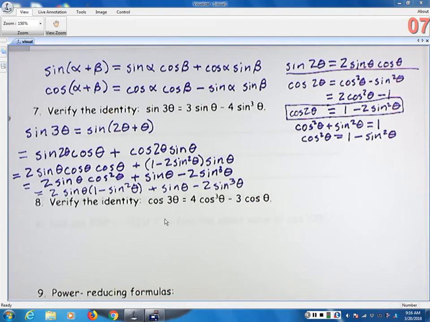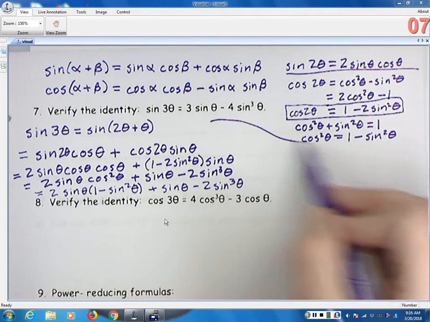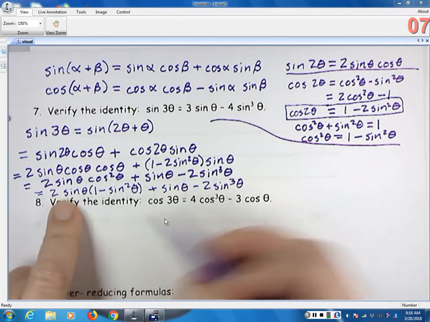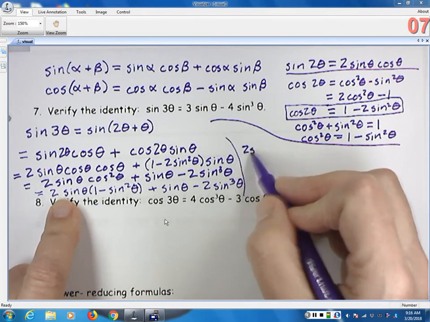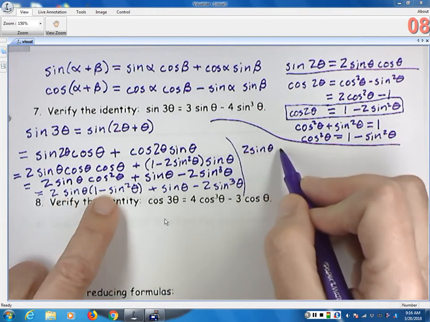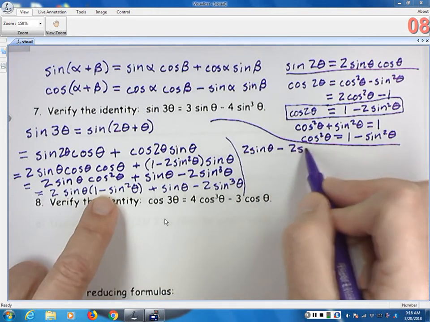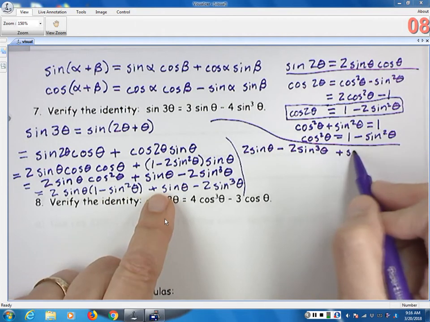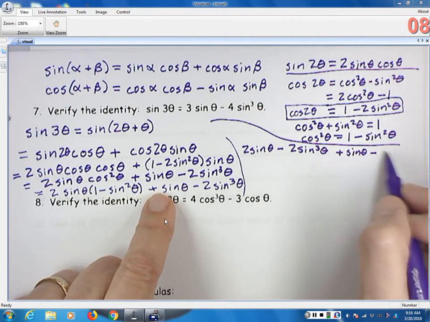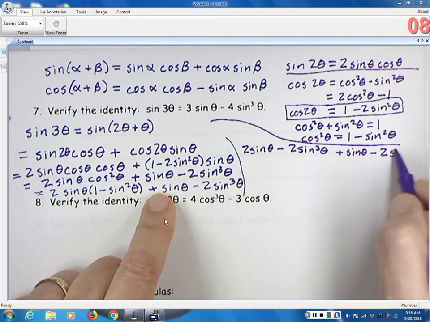And then we're going to distribute this, and then we'll combine our like terms. So now I've got to continue over here. 2 sine theta minus 2 sine cubed theta plus sine theta minus 2 sine cubed theta.